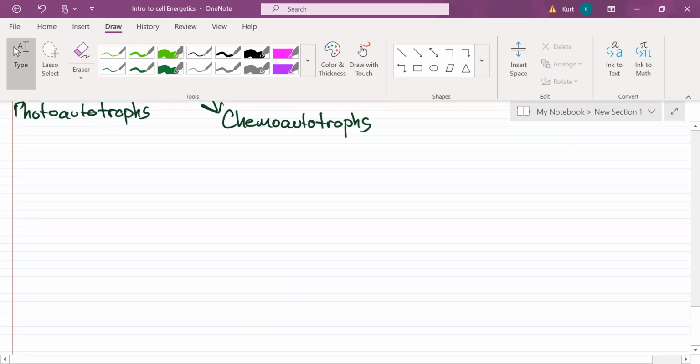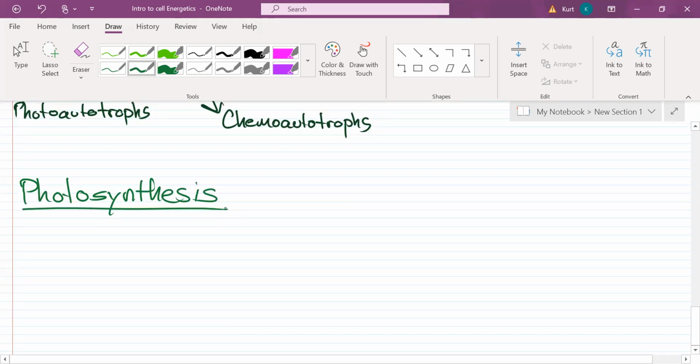All right, so now let's talk about the two forms of energy production we'll talk about in this unit. The first one being photosynthesis. You all know that photosynthesis is the process of capturing light energy.